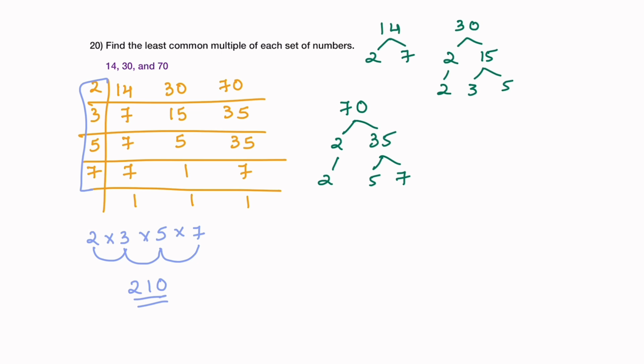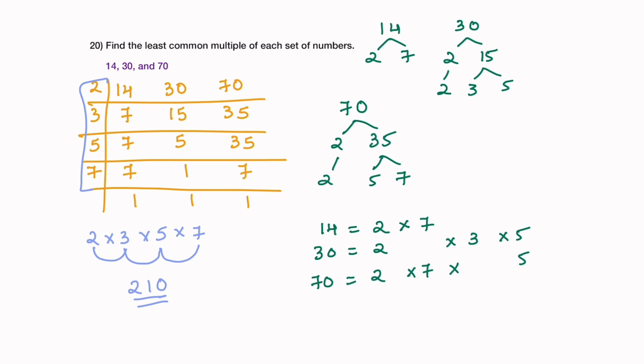So that's it. Let's write it down. 14 equals 2 times 7. 30 equals 2 times 3 times 5. And 70 equals 2 times 5 times 7.